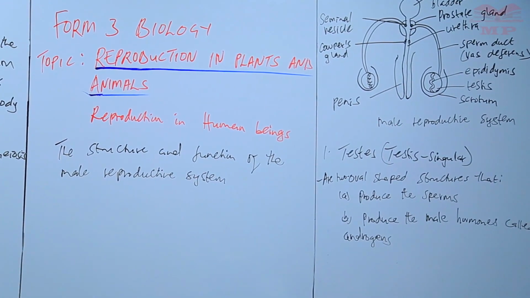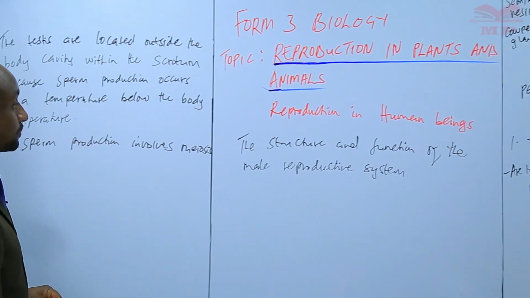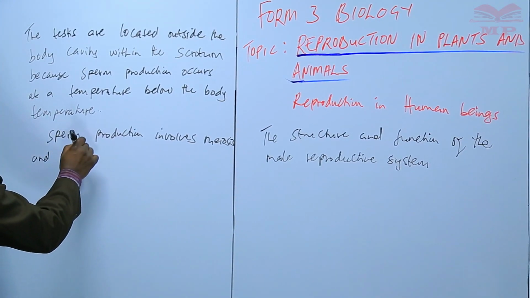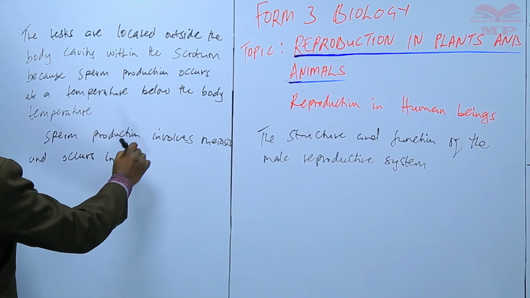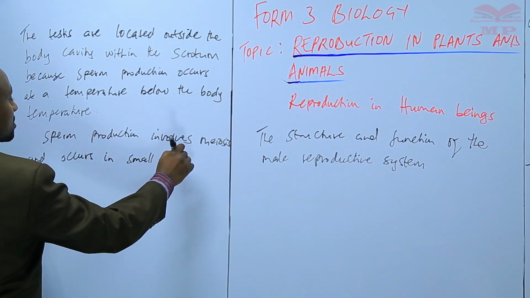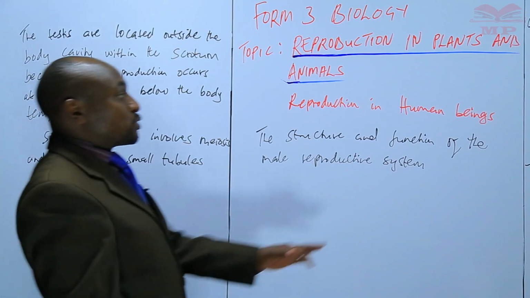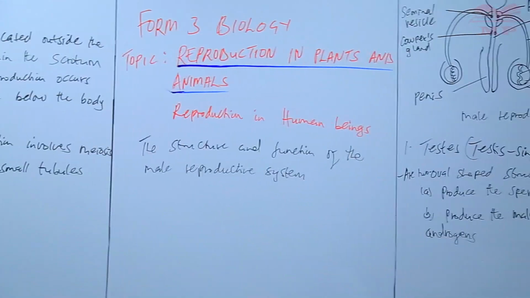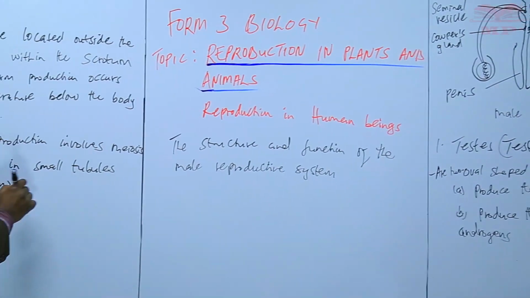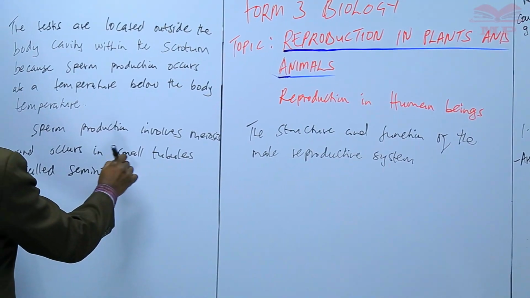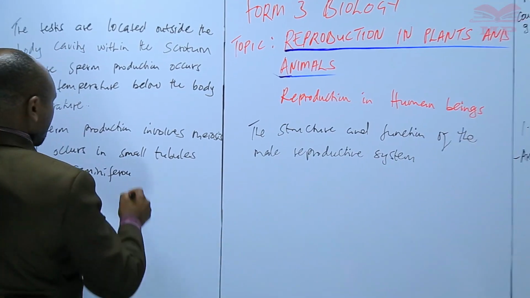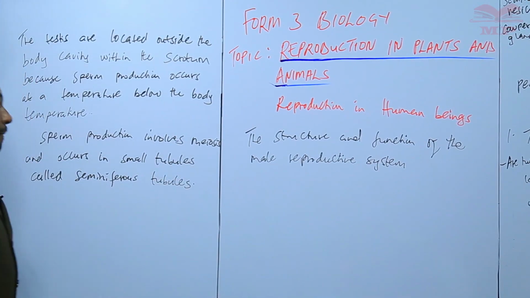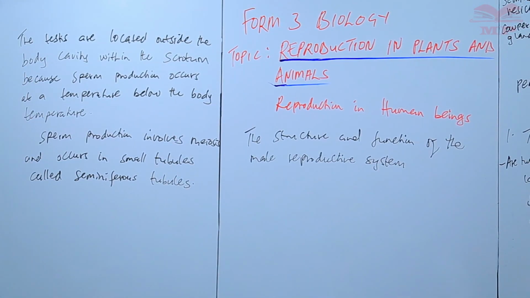So the sperm production involves meiosis and occurs in small tubes within the testes called seminiferous tubules. So that is the point where the sperm production occurs.